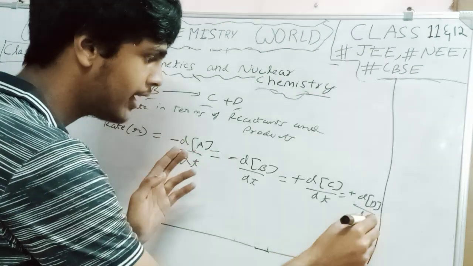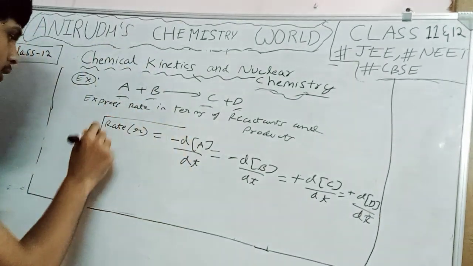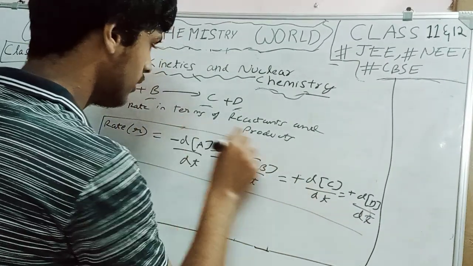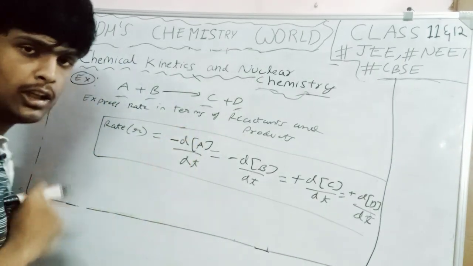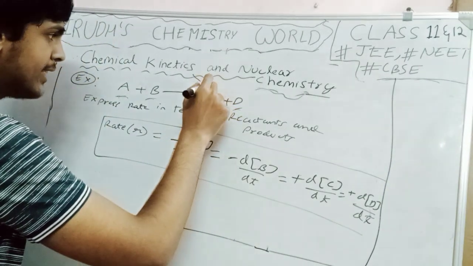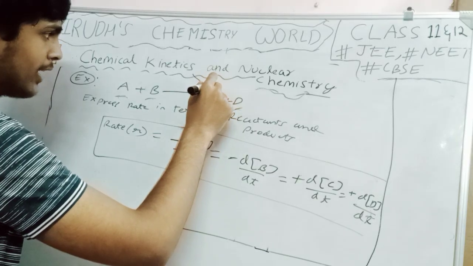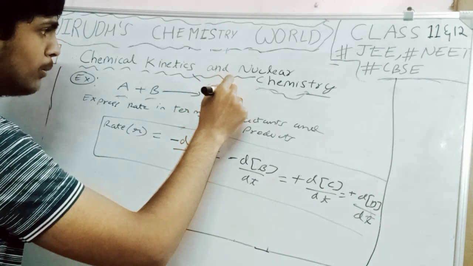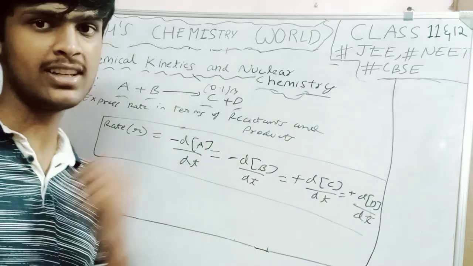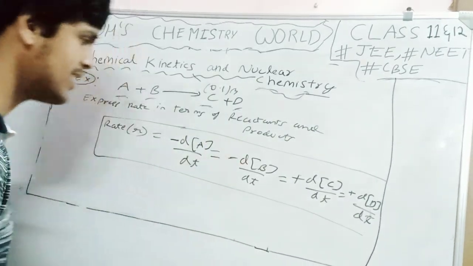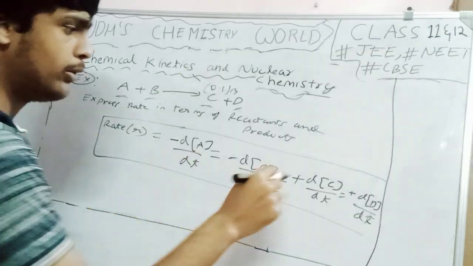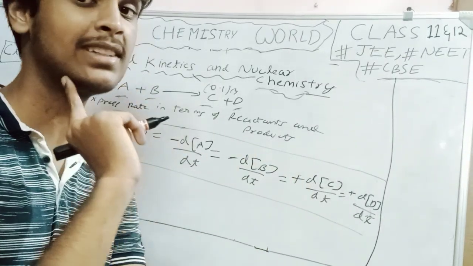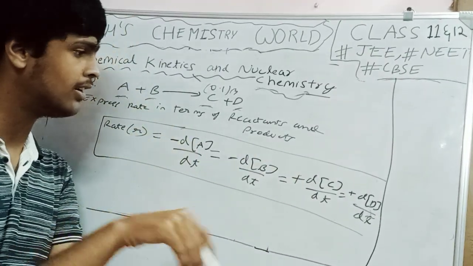By this, you can conclude one thing: if you are given only the concentration of C, suppose you are given the concentration of C as 0.1 molar, can you find the rate? It's very easy. You can easily find by applying the formula. Not this derivative, you have some special methods for finding the rate of reaction.